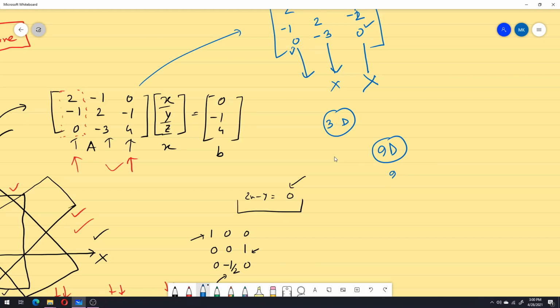I cannot draw the picture here because it is impossible to actually draw a 9-dimensional system on a 2D plane. But you can use your thinking process. We had 3 equations with 3 unknowns in this case. Imagine we have 9 equations with 9 unknowns.